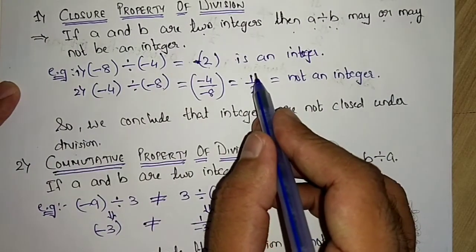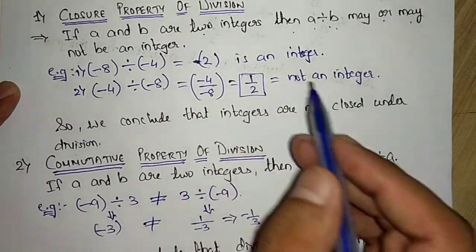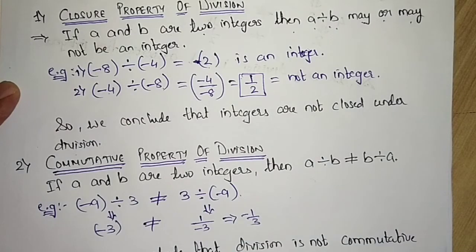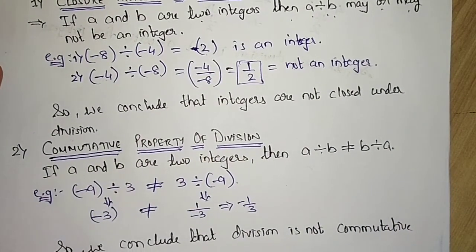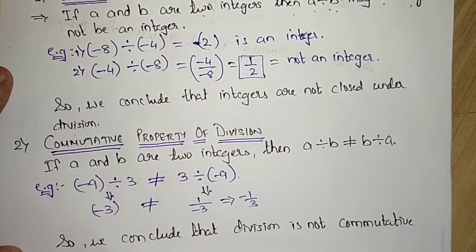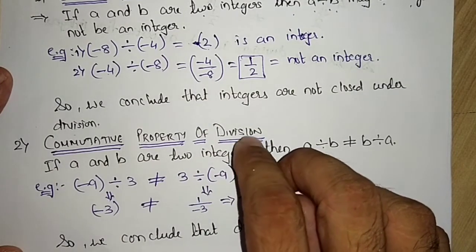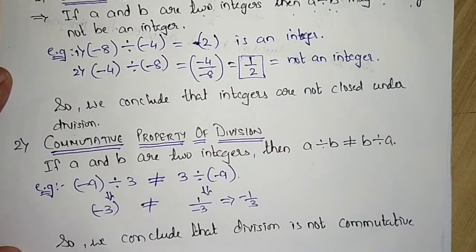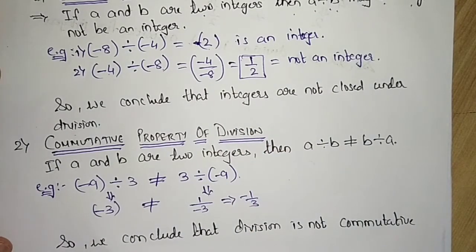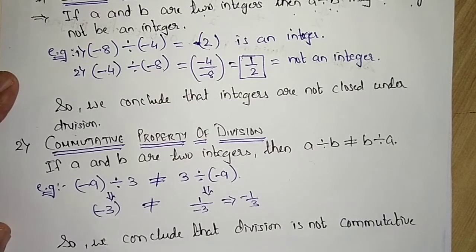And 1 by 2 is not in our list of integers. So we can conclude that integers are not closed under division. Here they may ask you as true or false that integers are closed under division. You have to give true or false, right?